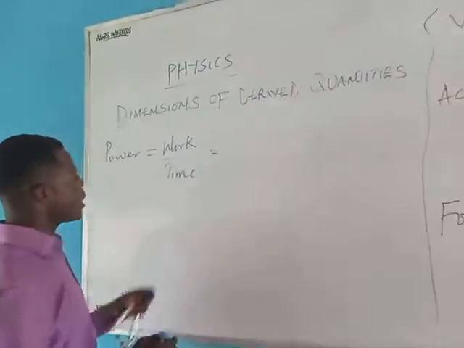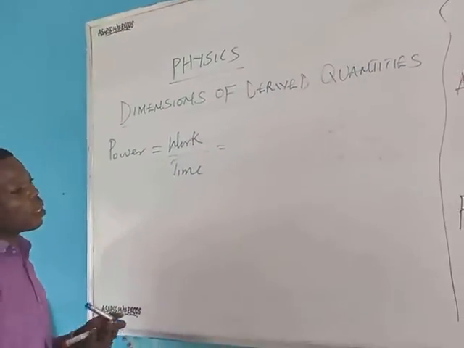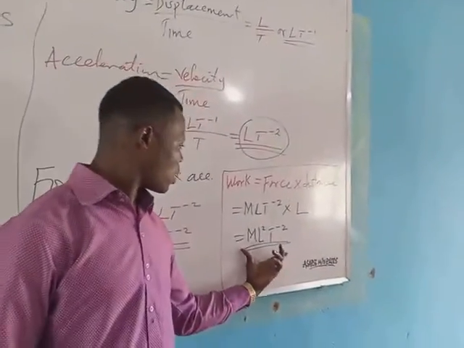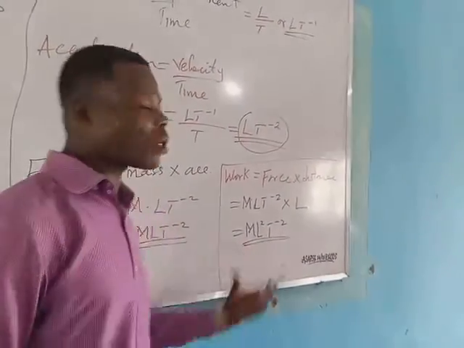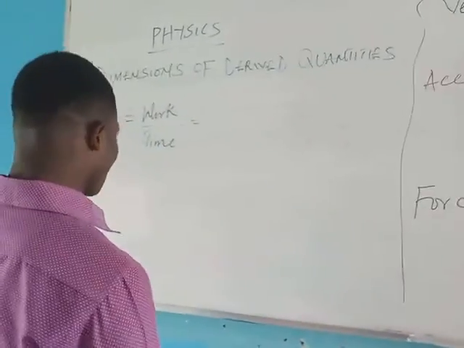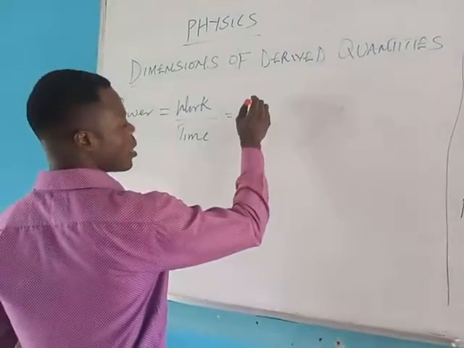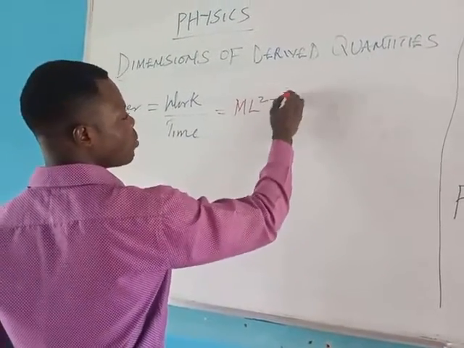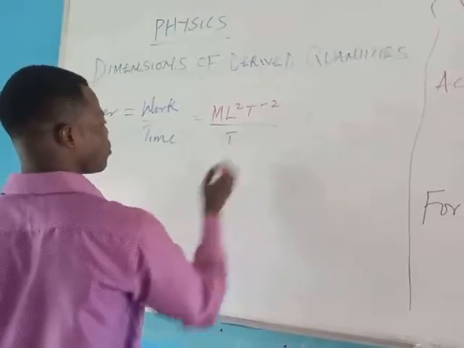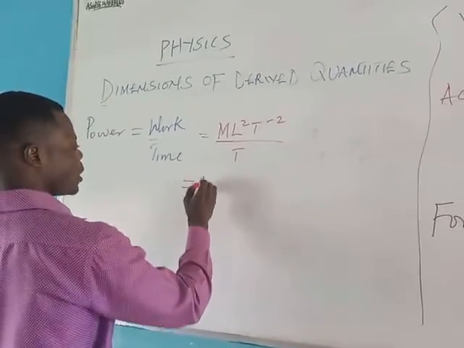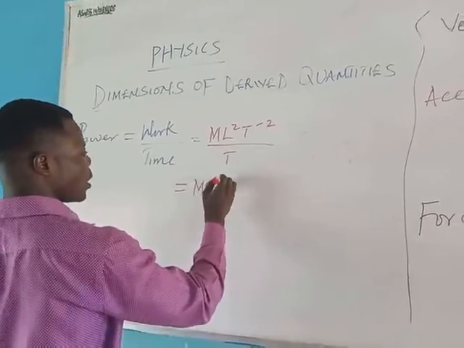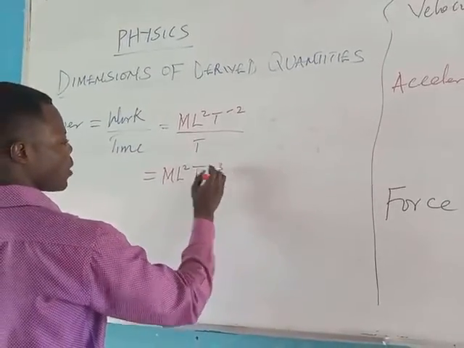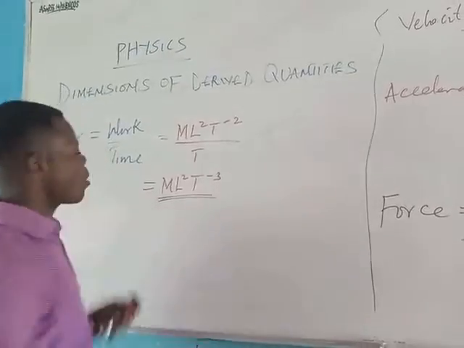So if power is work done over time, it means if this is our work done or the dimension for work done, we can easily split it here, and we are going to have ML²T^-2 all over time. So this can also be written as ML². So when this comes here to jump this, we are going to have a T^-3. So this is the dimension for power.